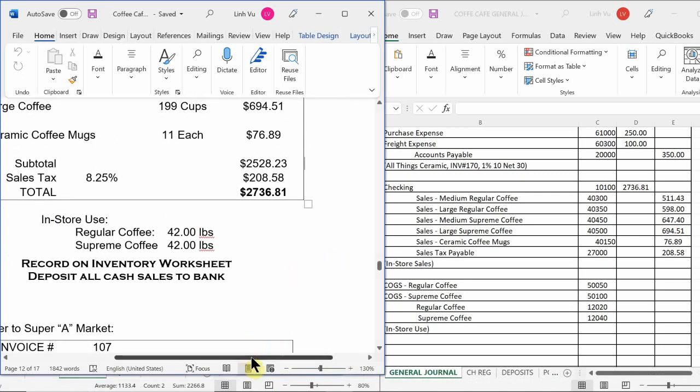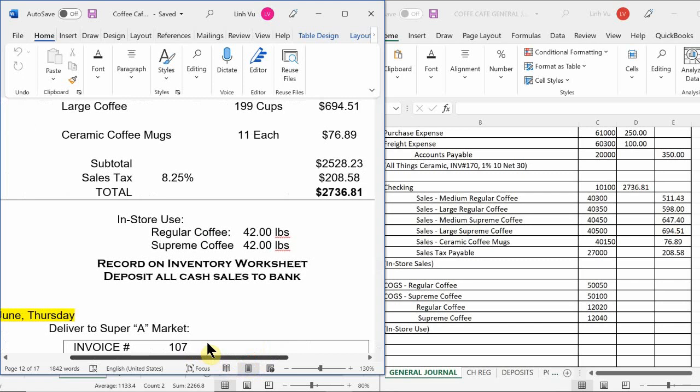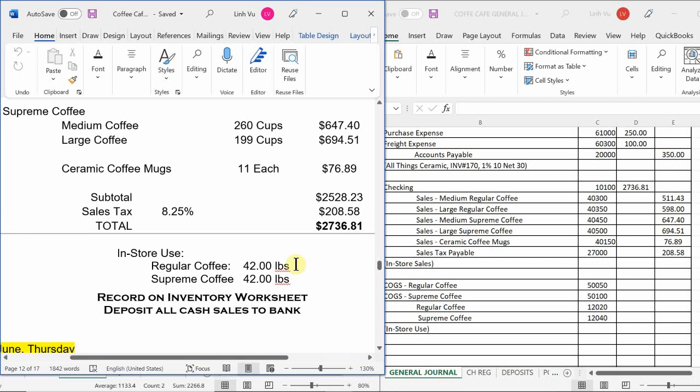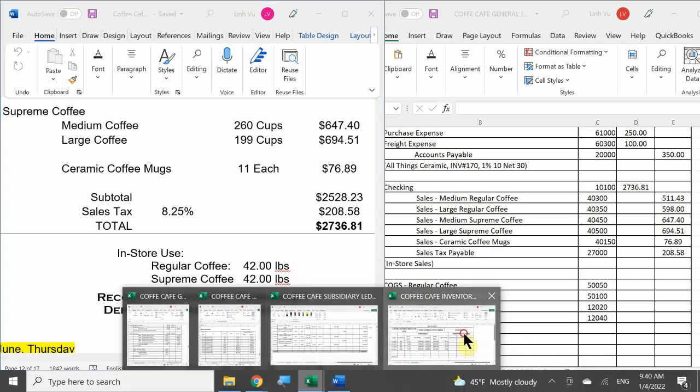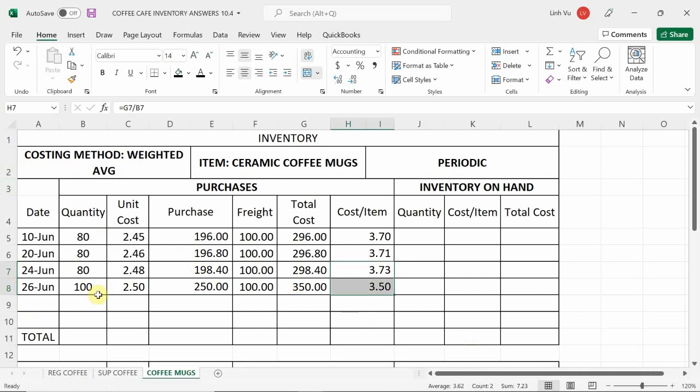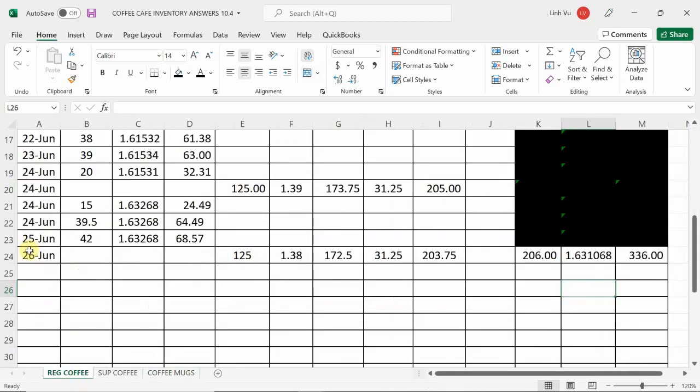Now we need to update our inventory worksheet. We're going to deposit the money into the bank. The inventory worksheet says that for these sales, we used 42 pounds of the regular and 42 pounds of the supreme. So, inventory worksheet for regular.